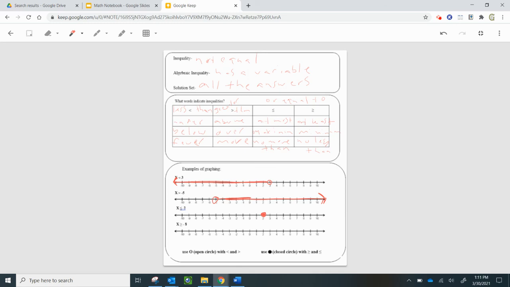Negative numbers are always less than positive, so I'm going in that direction like this. So this one's the same idea. Anything that falls on that line or in that direction would work. But in this case, so would 2 because 2 is filled in. So 2 could be an answer, 1 could be an answer, -10 could be an answer.